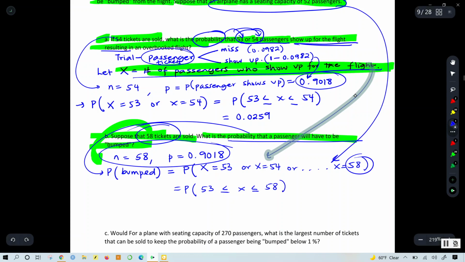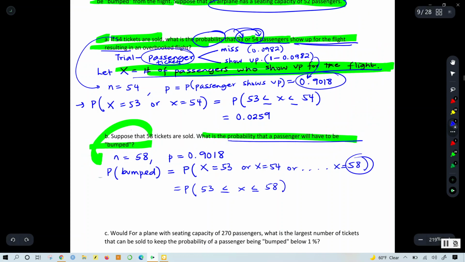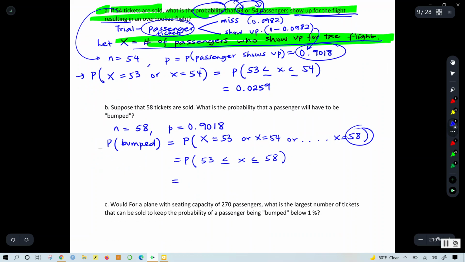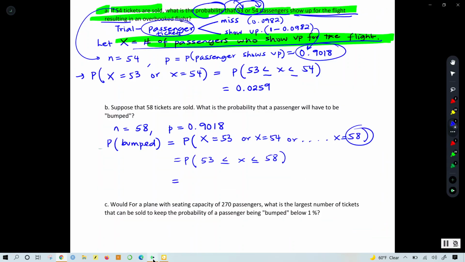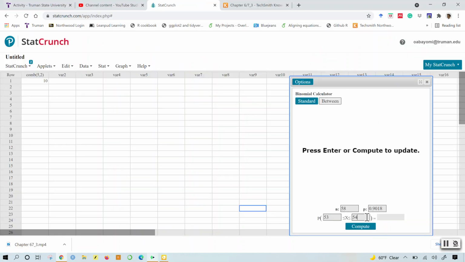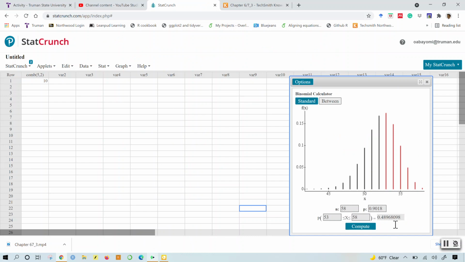Let's erase this off. That cleans this up a little bit. And so that will be equal to, using the same parameters that we had, except the n is now 58. So I'll take that to StatCrunch, adjust this to 58, and I want between 53 and 58. So I'll adjust this to 58 too and compute. So I have 0.4897.